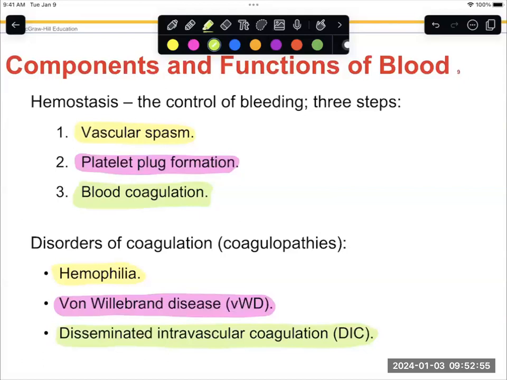So small clots will start to form in your vital organs, like your heart, your lungs, your brain, and it's going to compromise the function of those organs. Eventually, that clotting mechanism is going to become overwhelmed, and it's going to cause severe bleeding to occur, kind of as a side effect of these massive amounts of clotting.